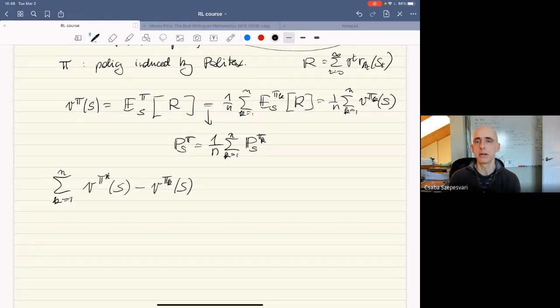And we want an upper bound. So this is optimality gap, right? V pi star, that's the optimal value at state S. It's higher than the value of pi k. Sum up all of these. And then we are looking at this. These are value differences, right?